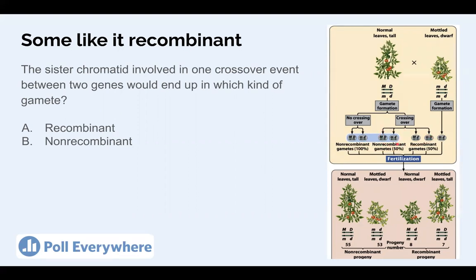Some of the chromosomes involved in crossing over produce recombinant gametes over here. Some produce non-recombinant gametes. What we also see is a much different relationship of the numbers of offspring that we'd expect. So we expect if they're unlinked to be 1/4, 1/4, 1/4, 1/4, and what we see instead is a whole bunch of this kind and not so many of this kind.